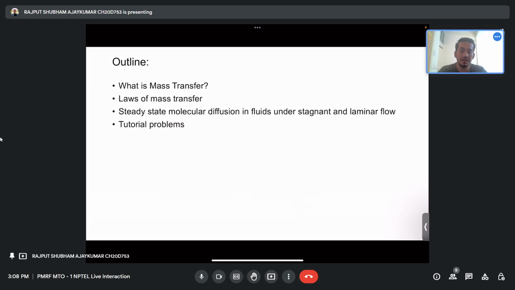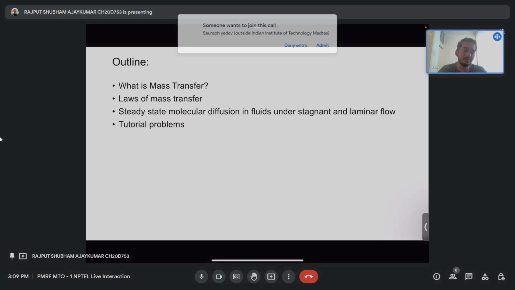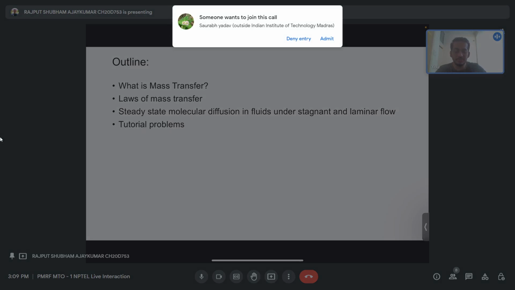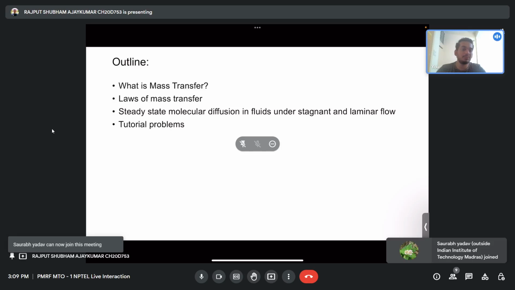And if you want me to solve any other problems you are facing, even if they are not related to the assignments, please let me know. I will happily try to solve them. In these live interactions, I will solve the assignments and tutorial problems given to you on the NPTEL SWAYAM portal, but only after the due date has ended. I will not solve any problems before the due date, because it would be against the rules of the NPTEL SWAYAM portal. So let's begin first of all.